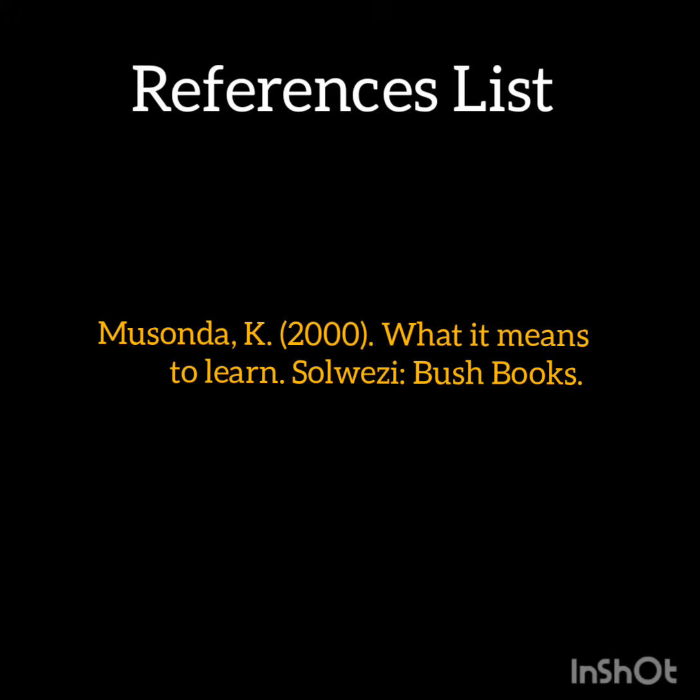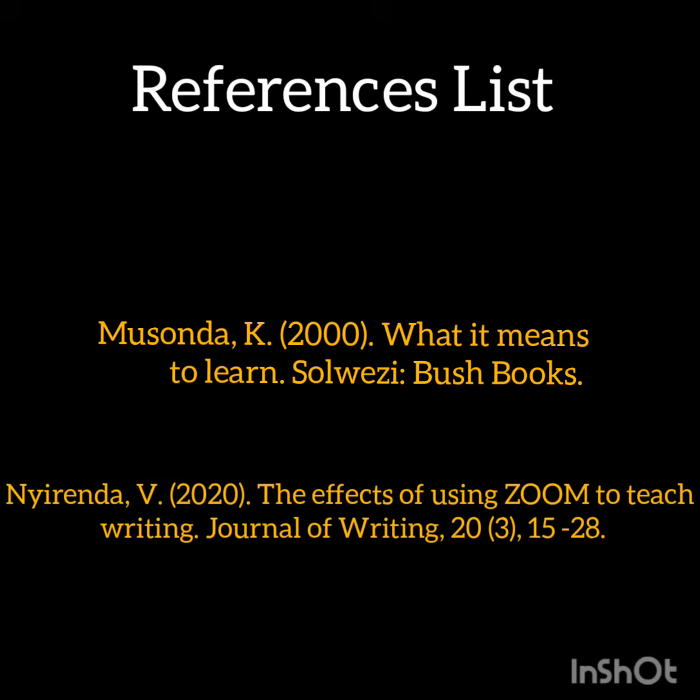If it is a journal source, which is a very common source of information for academic writing, the entry would appear as follows. The surname of the author, the initials, full stop, the year of publication in parentheses, and the title of the article, followed by the name of the journal, and then the volume number of the journal, and the issue of the journal in parentheses, followed by page numbers.